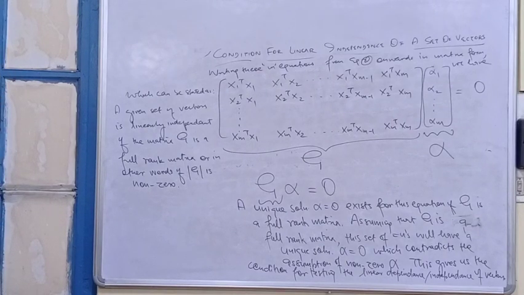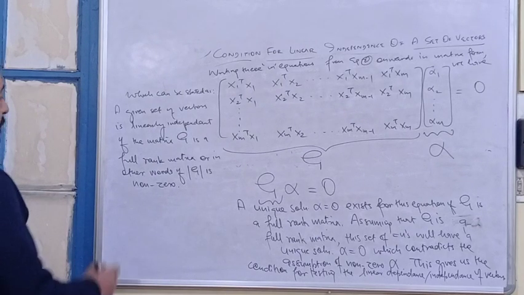And if this G is a rank deficient matrix, or in other words, if the determinant of G is zero, then the given set of vectors is linearly dependent. We'll state that also.